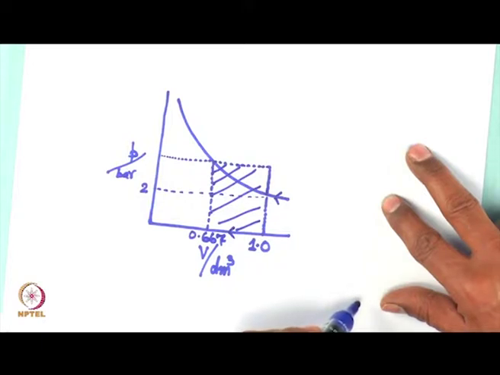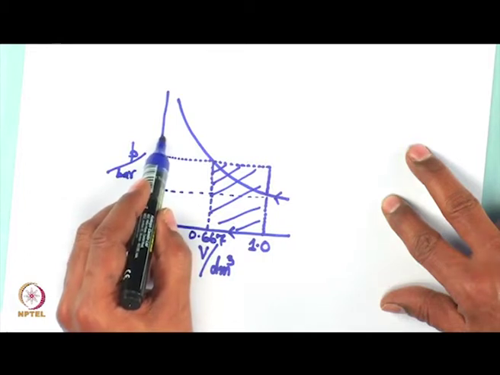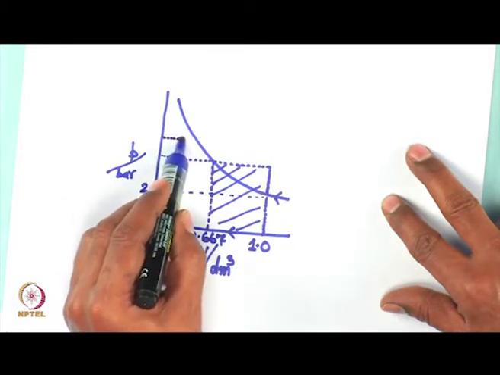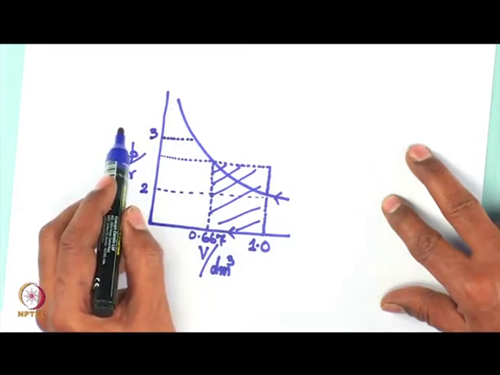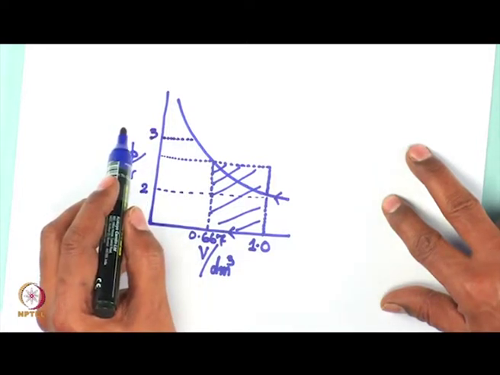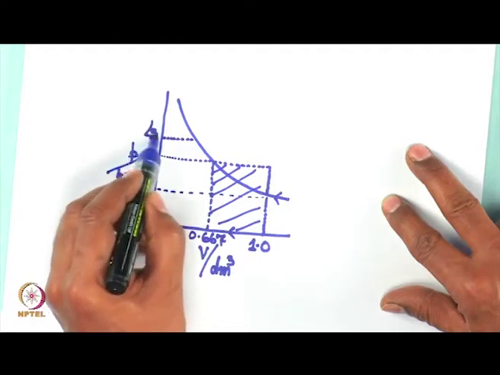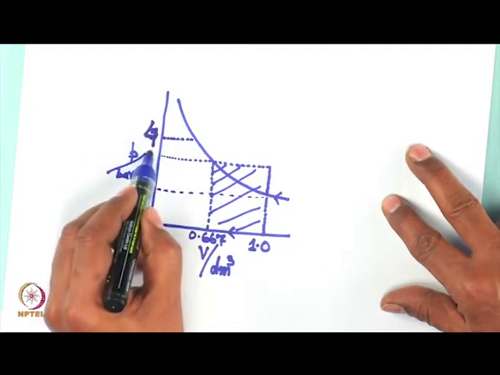And then in the second step, it is now compressed to 0.5 decimeter cube against a pressure of 4 bar. Now, let us say if I put this as 3 bar, this is 3, sorry, this is 4, this is 3.